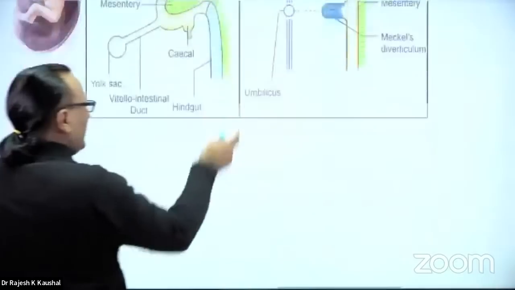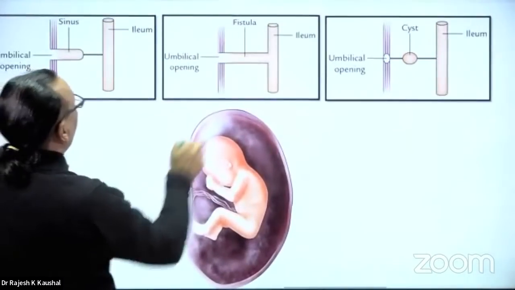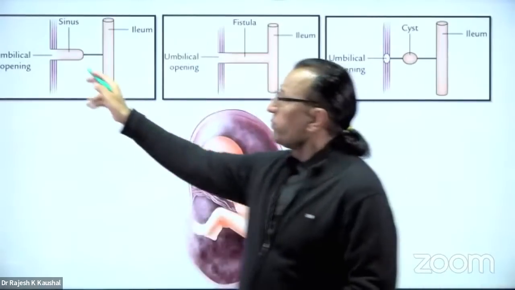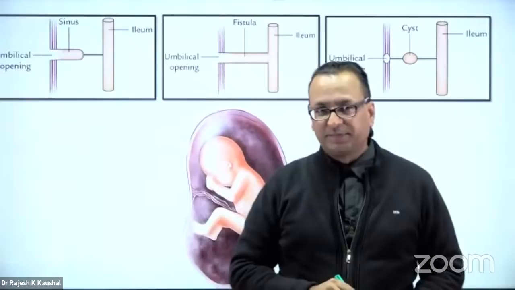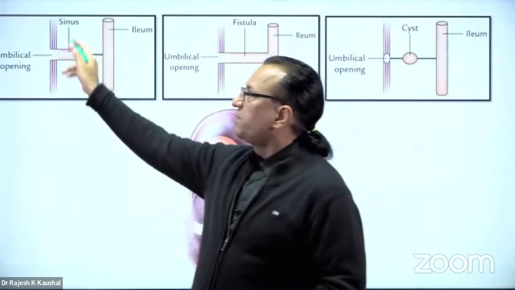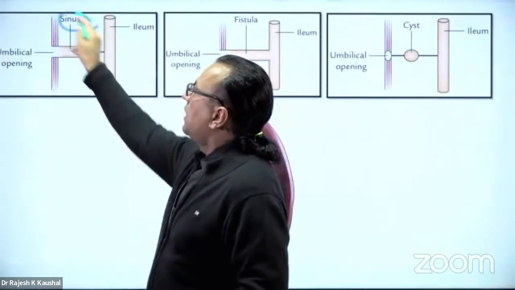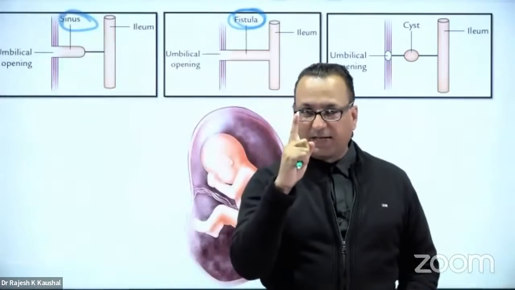Say, in a baby, because these are all latest questions, what you found was just one Meckel's sinus. What is the difference between a sinus and a fistula? Sinus is one opening.